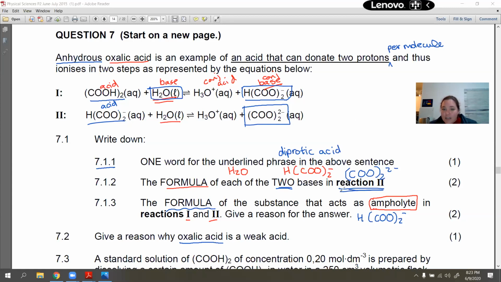I missed that bit about reaction 2. You are so smart. So I had to actually focus on this base and this base. This one doesn't count because it said reaction 2. Oh my goodness, I got caught by that. I'm pretty sure most people would get caught by that.